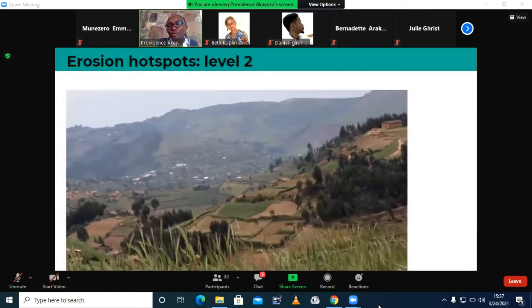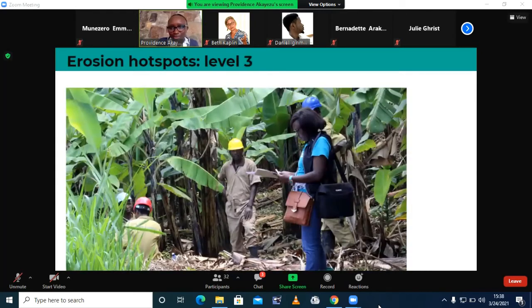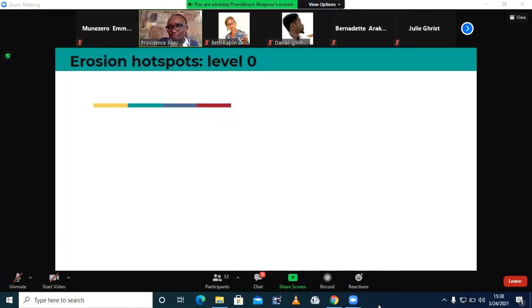Level 2 also corresponded to some sites without erosion control, but remember on the map, level 2 was the yellow color, so the middle one, and not too dangerous. Level 3 was also friendly, not too dangerous. And level 0 was actually a much more protected landscape.